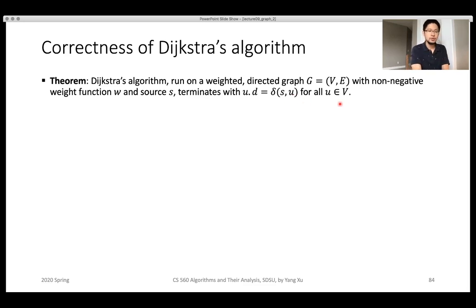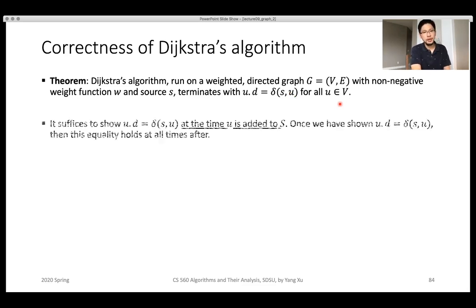Okay, so in order to prove this correctness theorem, we basically want to show that at the moment that we select the vertex U and insert it to S, the D of that vertex is already the delta, which is the global shortest path weight.